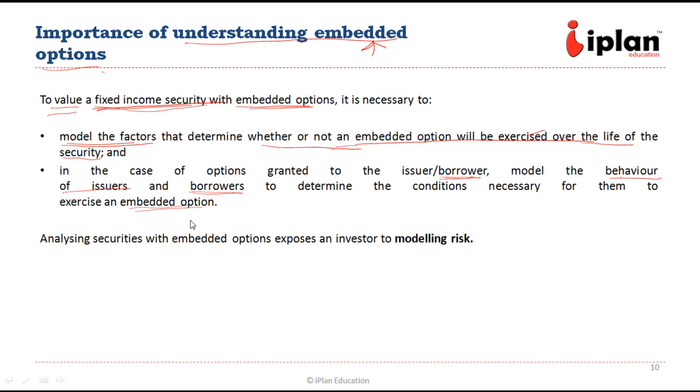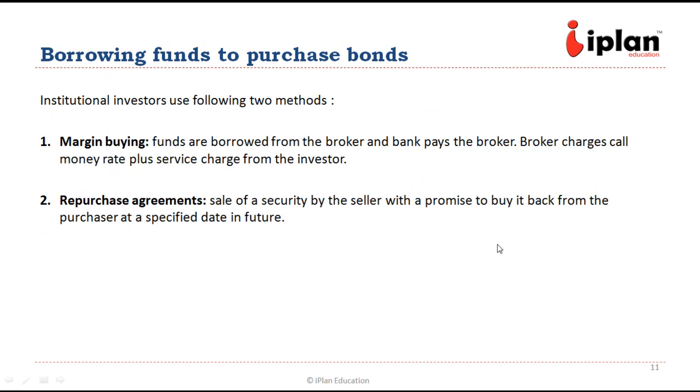But as we know, there is no one fixed model to find out the value of this option. There are multiple models, for example, the Black-Scholes model or the binomial model, available to find out the value of these embedded options. Because of this, the investor is exposed to modeling risk, where he or she may not be able to find the true value of that option and hence the true value of the bond. So they might be at a disadvantage. Now let us move to the next slide.